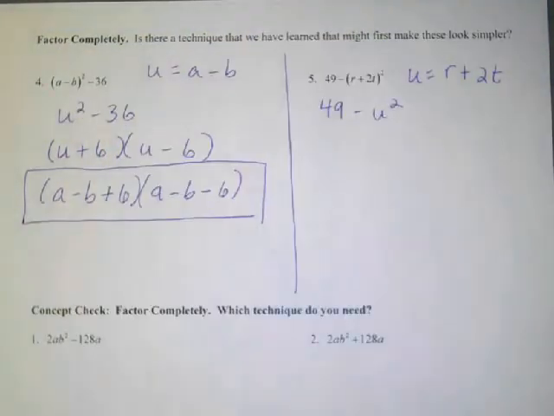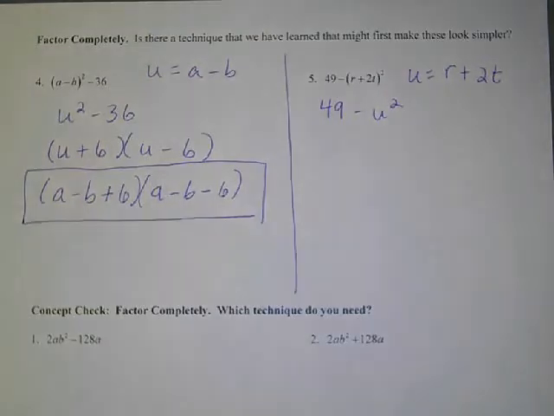So I would have 49 minus u squared. Now we typically don't see the variable second, but does this satisfy the criteria for a difference of squares? Does it have opposite signs and are both parts perfect squares? I would say yes, so it is factorable.